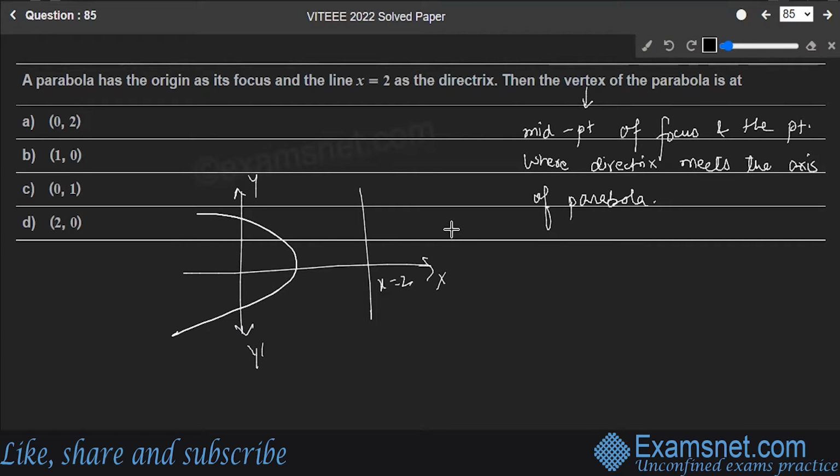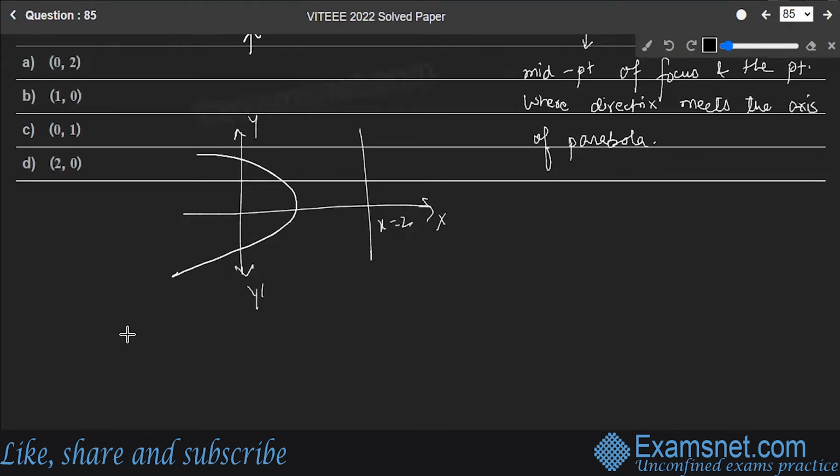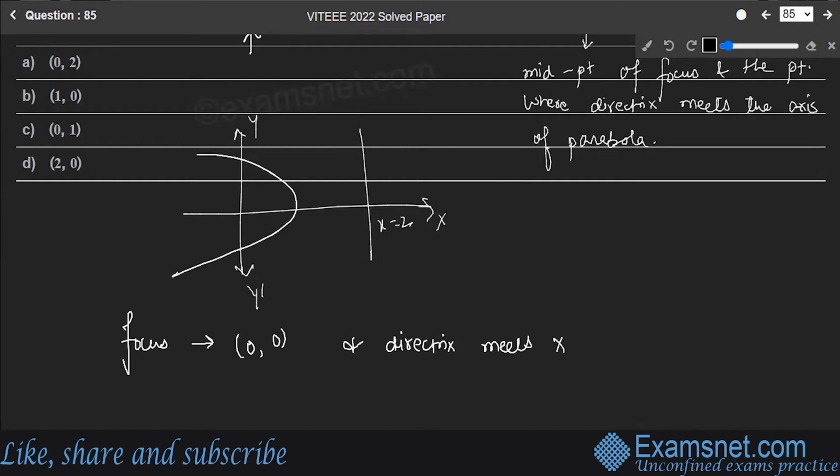Now here the focus is given as the origin. So the focus is the origin, and the directrix meets the axis at this point B. Let's say this is point B, this is point O.